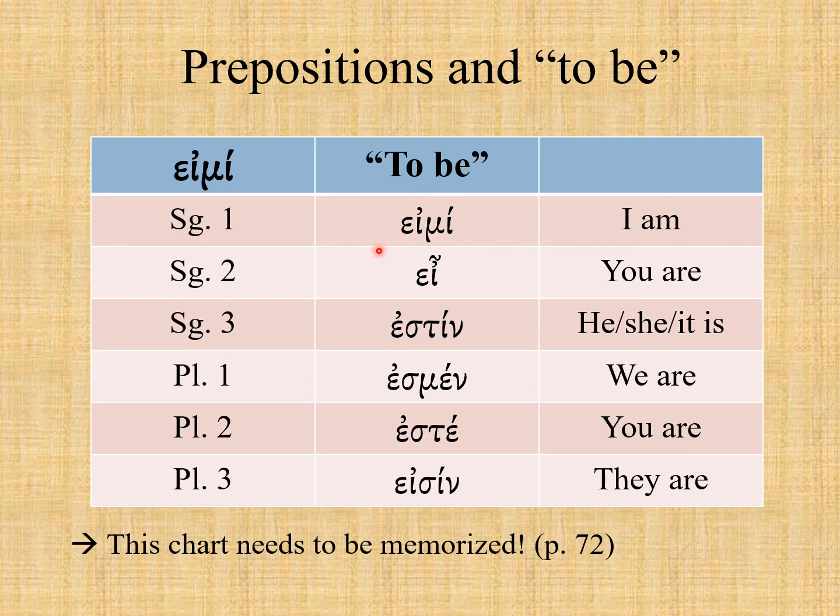But when you start looking at the other form, singular second person, or you singular, it looks quite different. It is ei with the smooth breathing mark and a circumflex on top of the iota. Then third person, he, she, it is estin; esmen, we are; este, you are; and eisin, they are.